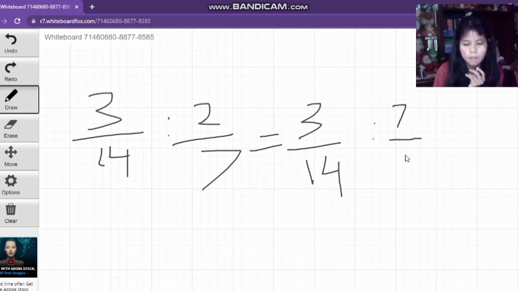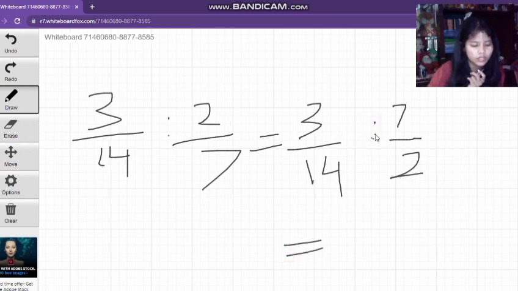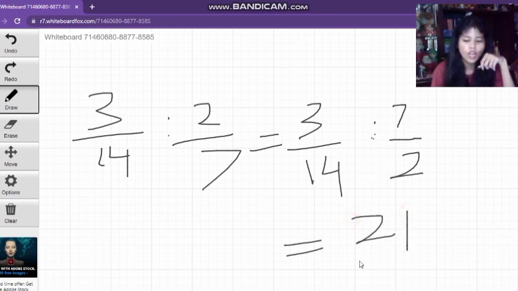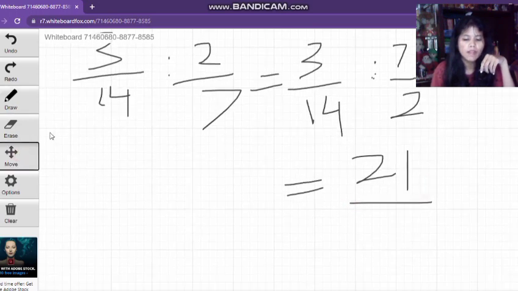Jadi 7 over 2. 3 multiplied by 7 is 21 over 14 multiplied by 2 is 28.